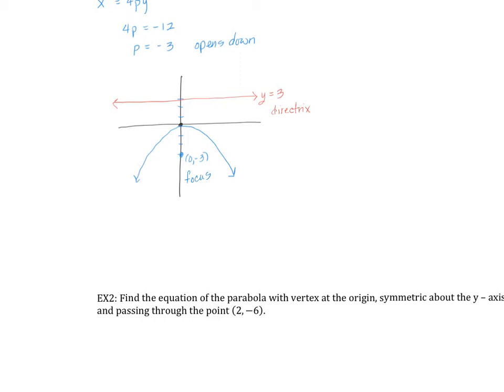So you can just plot some points. I use this really interesting property that we have with parabolas that says if you look at the line that passes through the focus, then you'll get these really nice points.